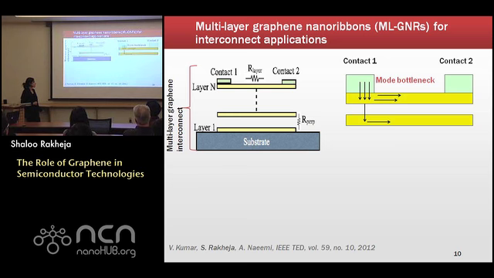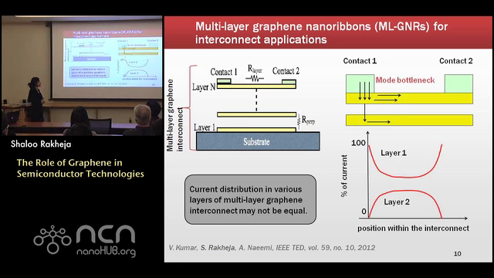And not only that, the electrons only want to flow in the topmost layer. Why? Because current wants to take the path of least resistance, and as I just mentioned, the perpendicular resistance is very high, and therefore the electrons don't want to penetrate into the deeper layers. So what we really expect is that the distribution of the current would be non-uniform in this vertical interconnect structure.